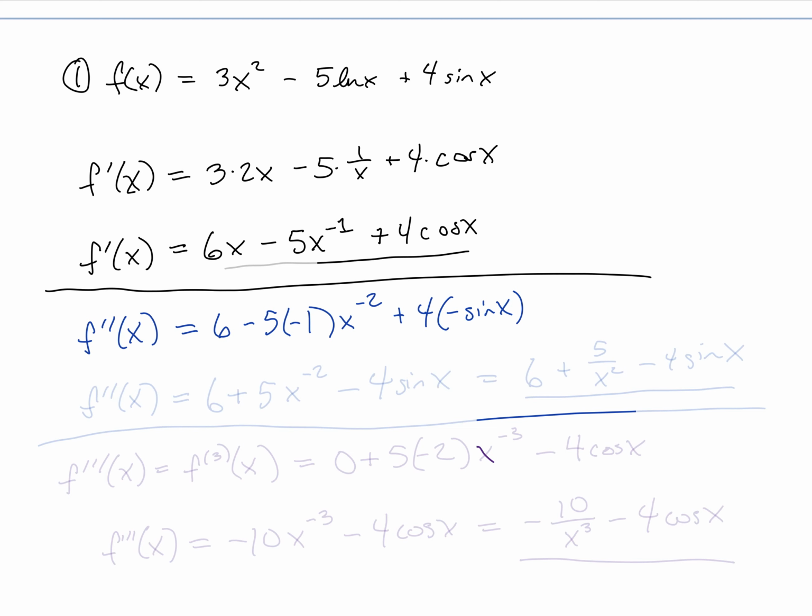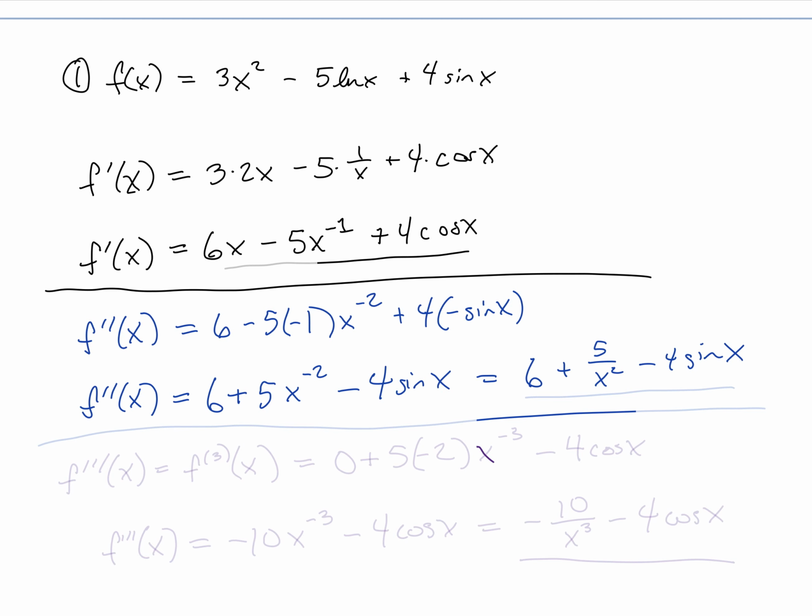And now I can simplify that. F double prime of x is equal to 6 minus a negative 5, so plus 5x to the negative 2, minus 4 sine of x. If I wanted, I could rewrite that as 6 plus 5 over x squared minus 4 sine of x.